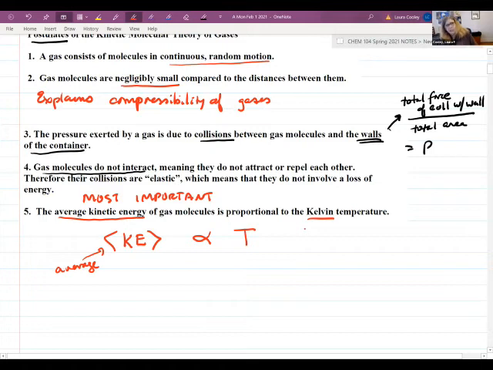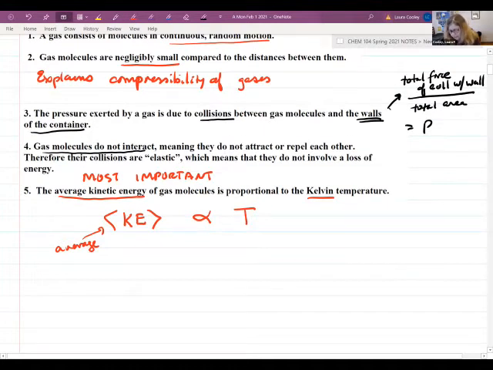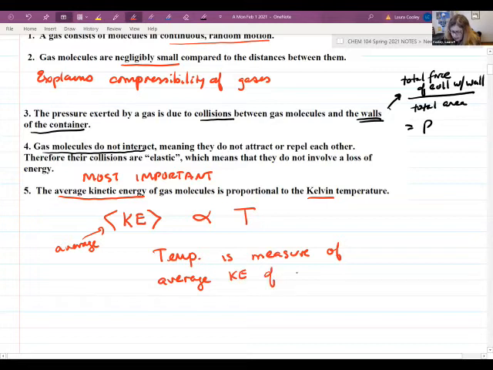That's kind of cool, right? Because it tells you that as the temperature goes up, the molecules are moving faster. And it also tells you that temperature is a measure of the average kinetic energy of gas molecules.